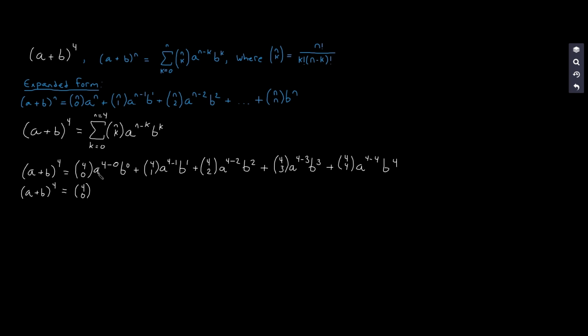We'll hit this with a simplification. Now, as we know, a raised to the power of 4 minus 0, well, that's just going to be a raised to the 4th power.